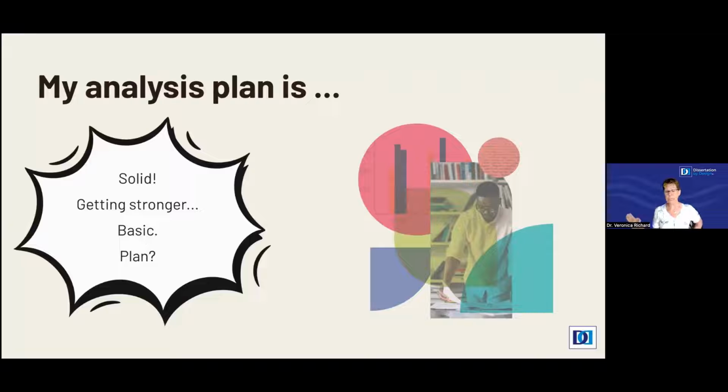We know what we're doing. And then when we go back and look at our methodology section, we realize, oh my gosh, I didn't help myself out at all on developing a plan for my analysis. And then different things can happen, and we might be going in an inappropriate direction. So just keep these things in mind as you're moving forward.